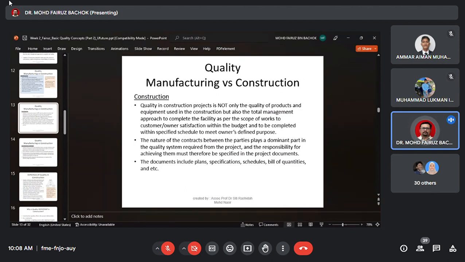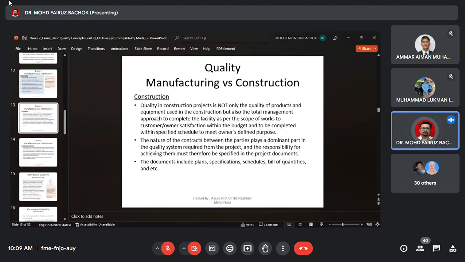Okay, all of these can be achieved within the budget and can follow the schedule if you're using a quality product, quality material, construction material, and good equipment, but also you implement on-site the right quality total management.